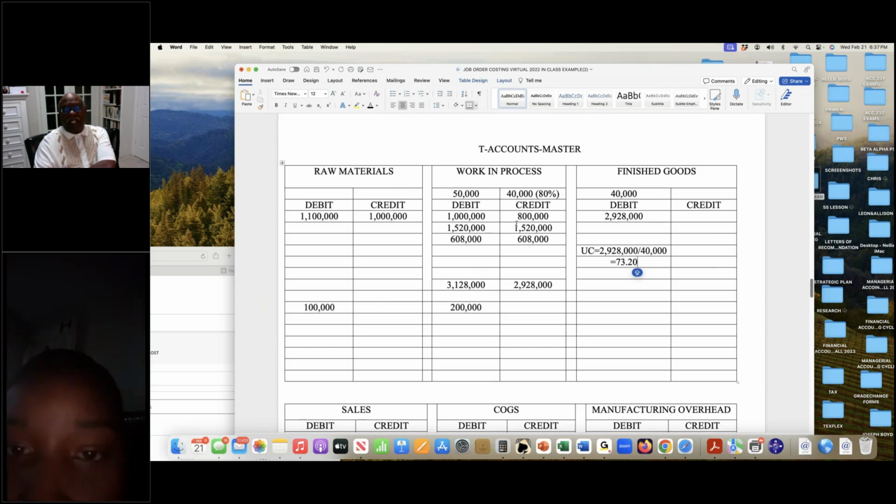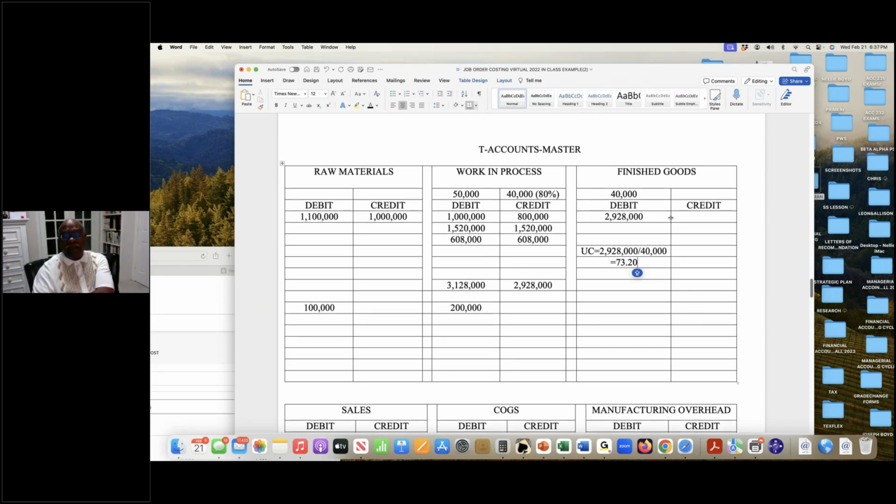What happens with finished goods is that, and once again, when we finish today, I'll send an updated version. But y'all see what the actual costs are. And we didn't make all of our books. We were high on the labor and overhead.